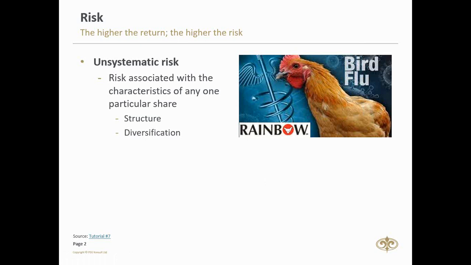To make it easy to understand, I'm using the example of the avian flu going around, affecting all the chickens. The first one that would come to mind would be Rainbow Chickens, and other companies like Astral and Sovereign Foods. It's a disease that affects these birds that have to be destroyed, and obviously that's your stock and your business. So remember, it's a risk associated with a particular share.